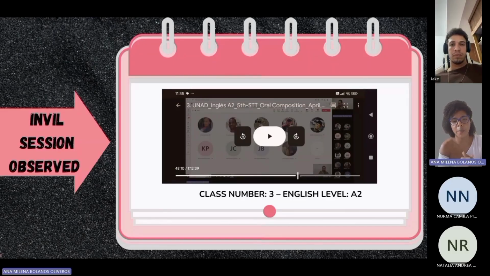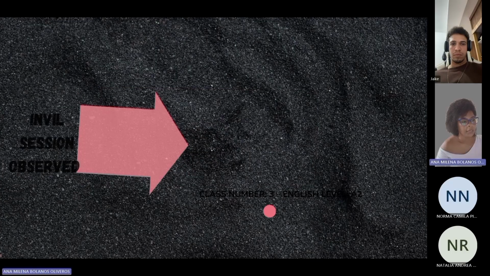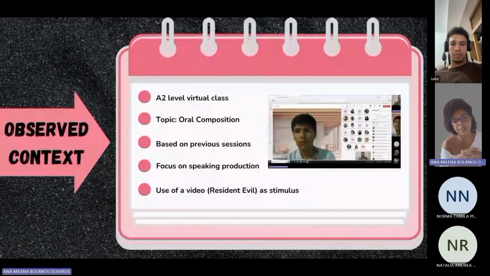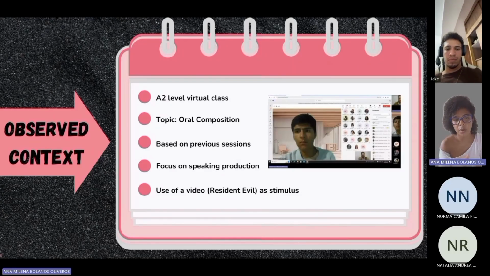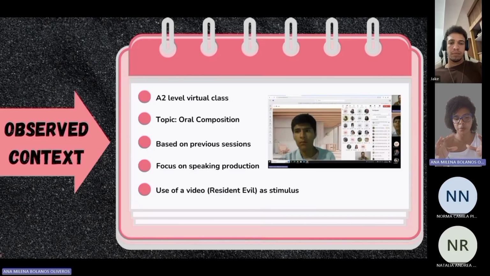Okay, now we're going to talk about the implementation that we observed during phase number 2, that was class number 3 in English level A2. The context that we observed in these sessions was an A2 level virtual class, where the topic was oral compositions, where the students have to create simple compositions, but also complete expressions during the session.